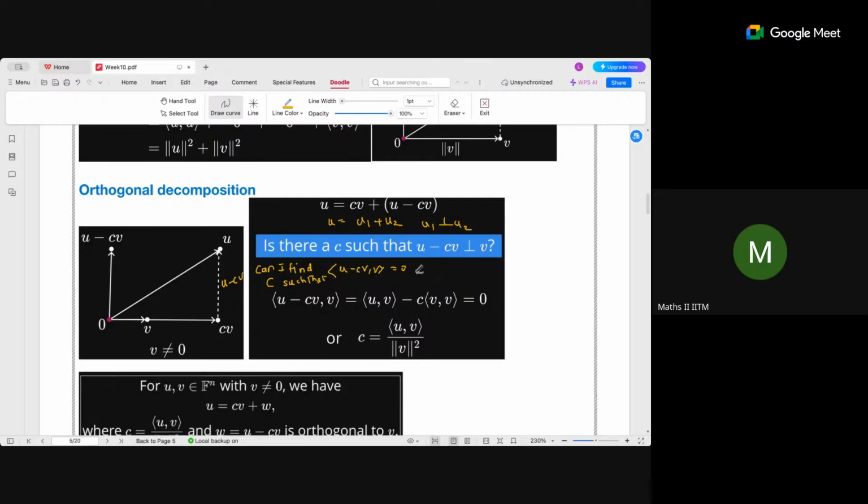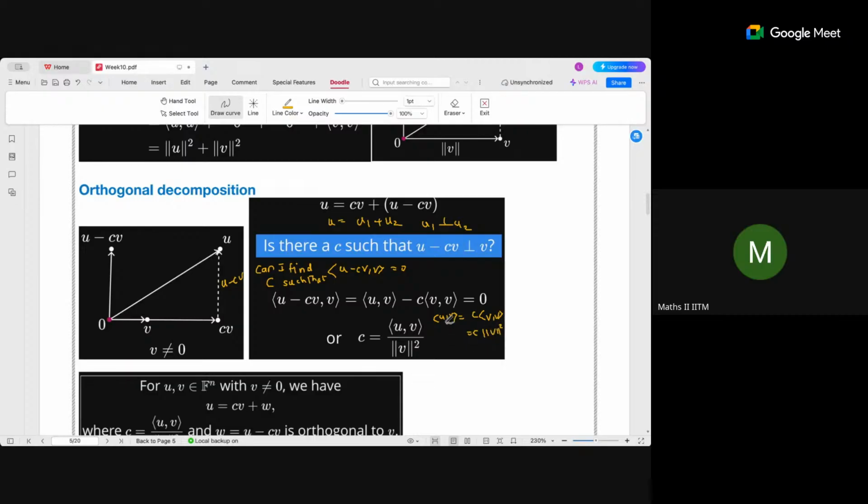When I split the inner product, I get inner product u comma v minus c times inner product of v comma v is 0. Then bringing this term to the other side, inner product u comma v is c times inner product v comma v. Now what is inner product v comma v? Norm v square.